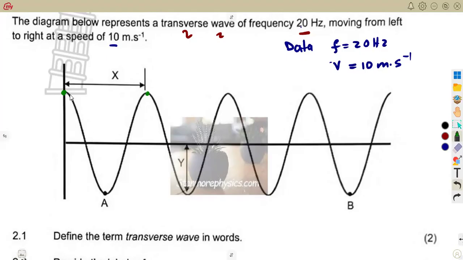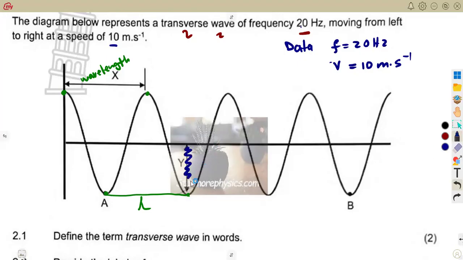You form the wavelength. So the X that we are seeing there is the wavelength. Just try to study the diagram that you're given. It can be from this point A to this point; you can refer to it that way. Still the same thing, that is our wavelength.